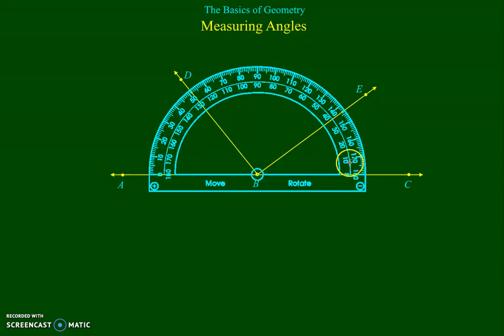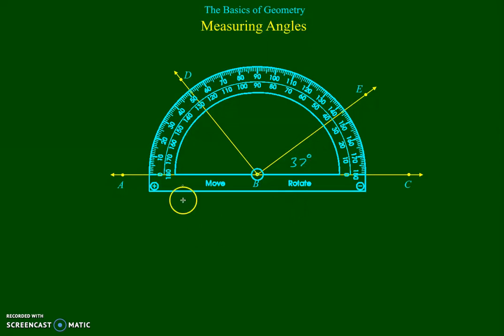This is going from 0, and we read off of this line. It looks like we're at 35, 36. It looks like it's going to be about 37 degrees. So we would say this angle is 37 degrees. Let's go ahead and write 37 degrees in here.